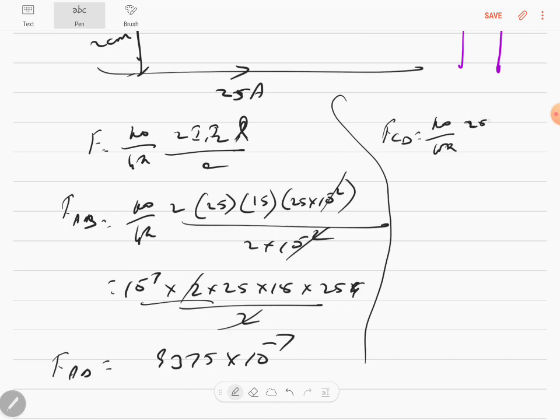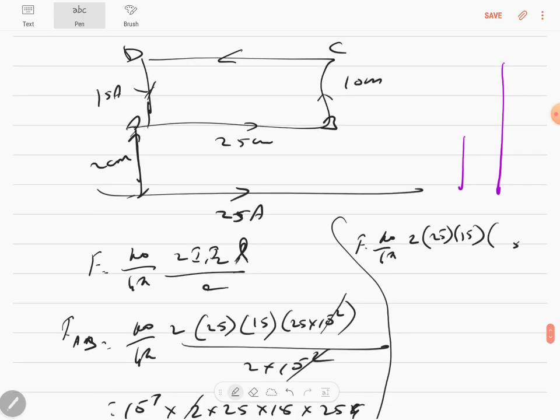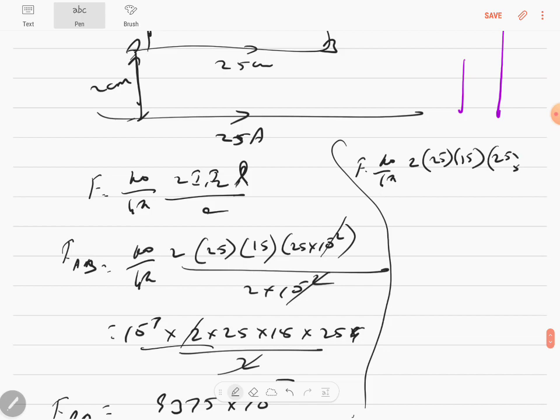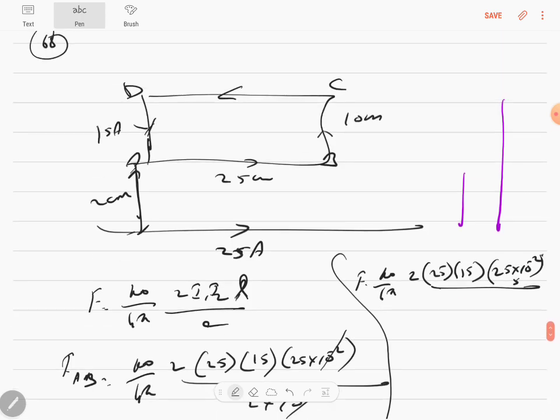So mu naught by 4 pi into 2 into I1, which is 25, I2 which is 15, into the length, again 25 into 10 to the power minus 2, by the separation, which is not 2. The separation will now be 10. This distance is 10, this distance is 2. 10 plus 2? 12. So 12 into 10 to the power minus 2. Are you clear?